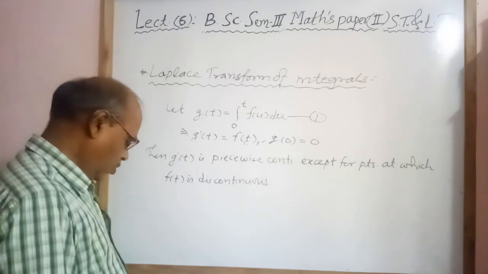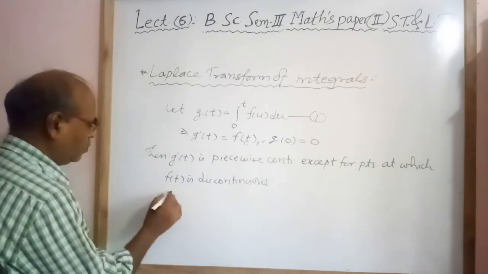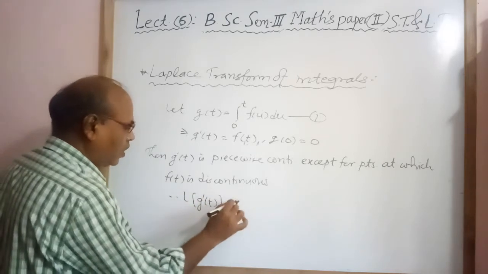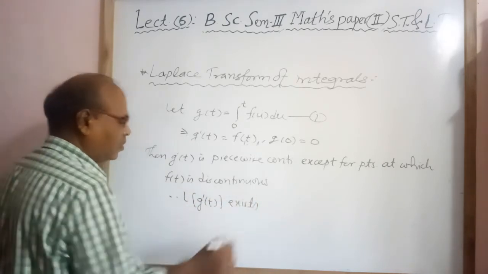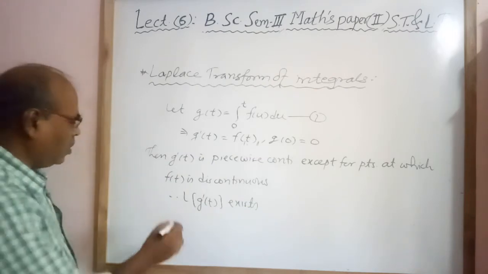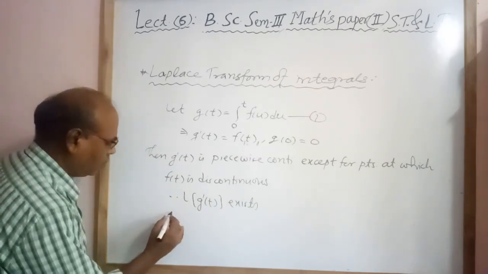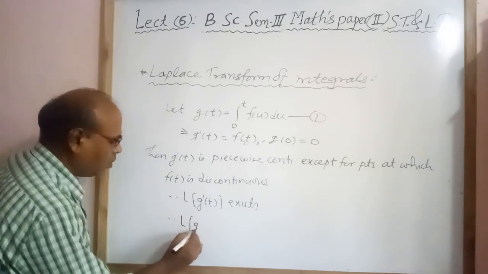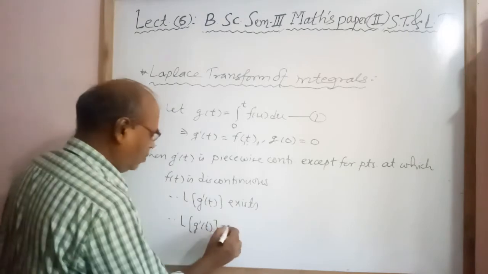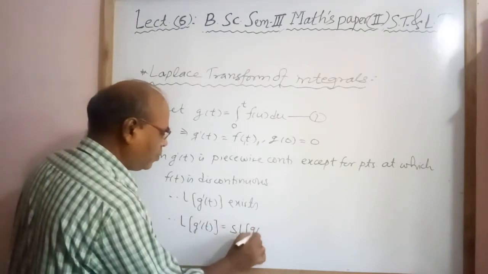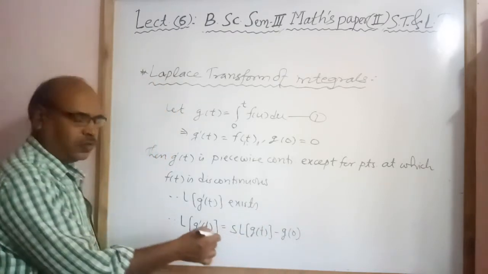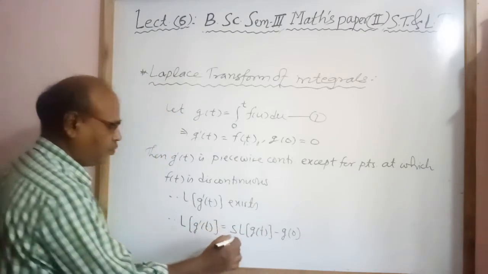Therefore, Laplace of g'(t) exists. I use the formula for Laplace transformation of derivative. We have therefore Laplace of g'(t) equal to s into Laplace of g(t) minus g(0), by using the Laplace transform of derivatives.